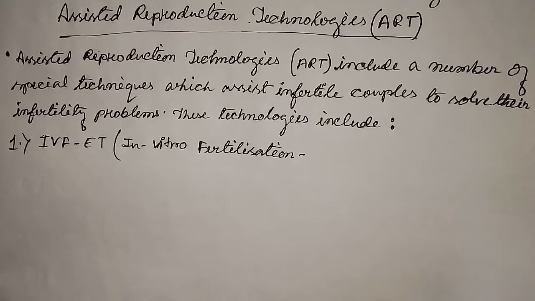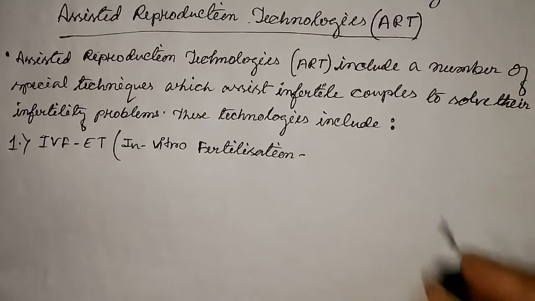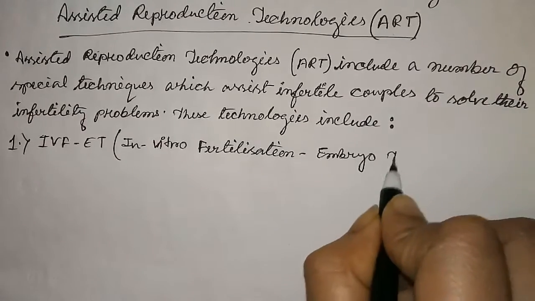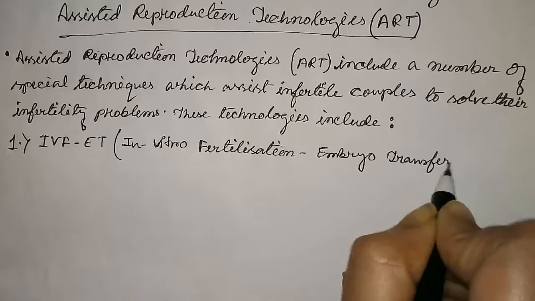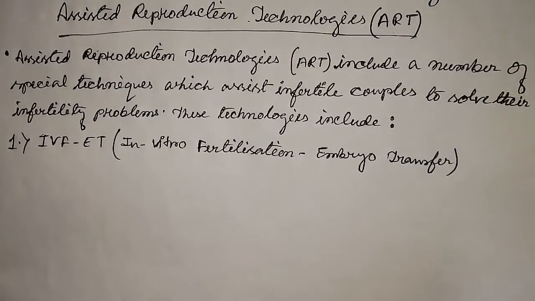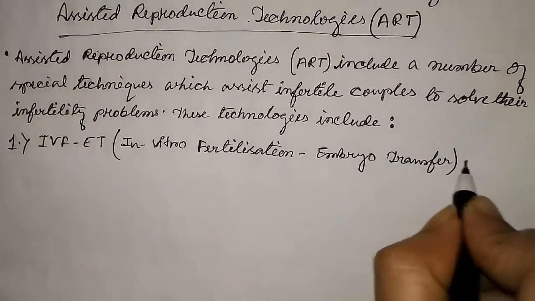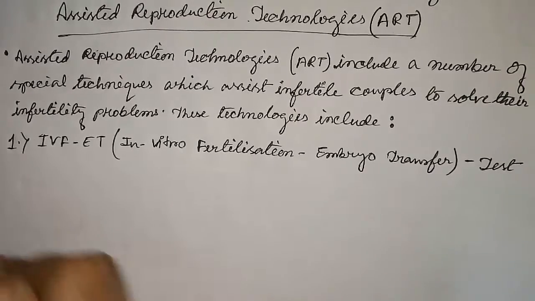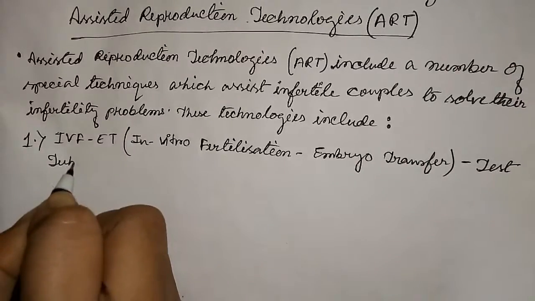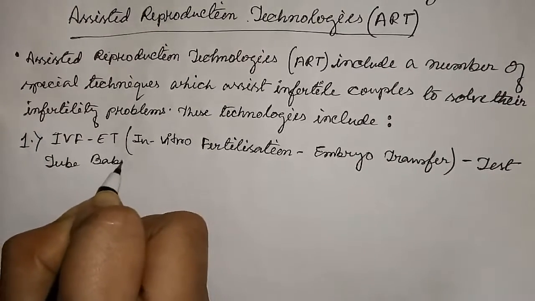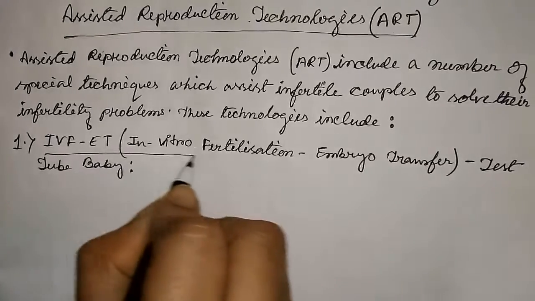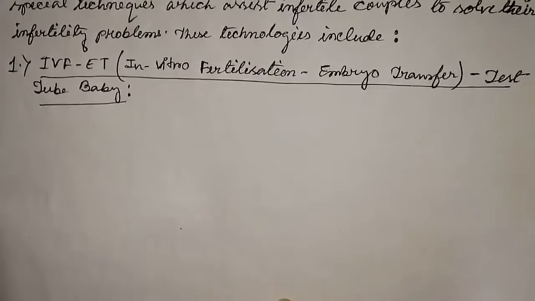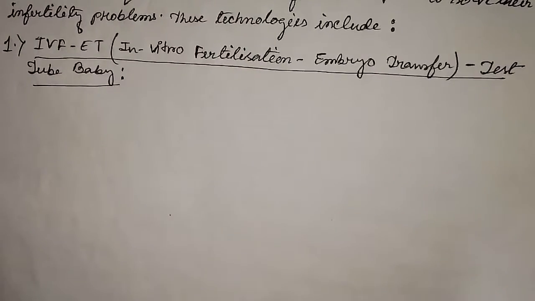ET means embryo transfer. In short, test tube baby. So first is IVF ET.